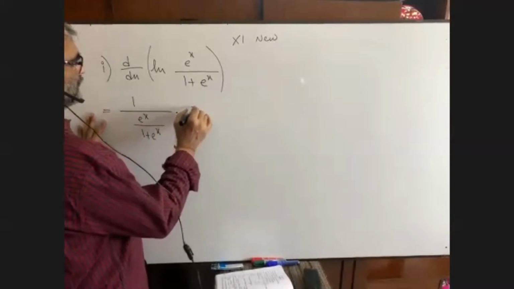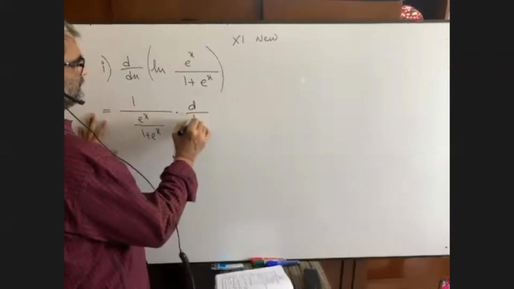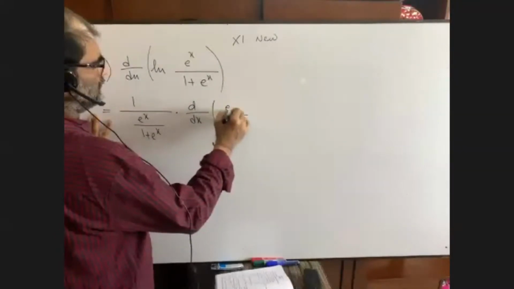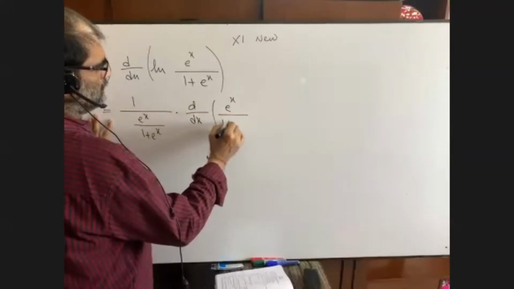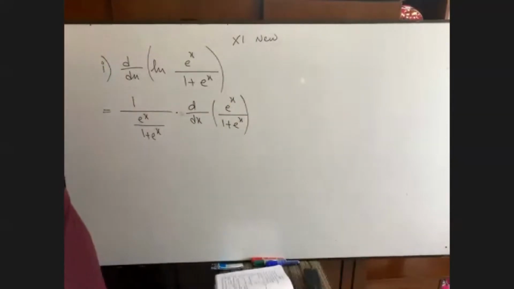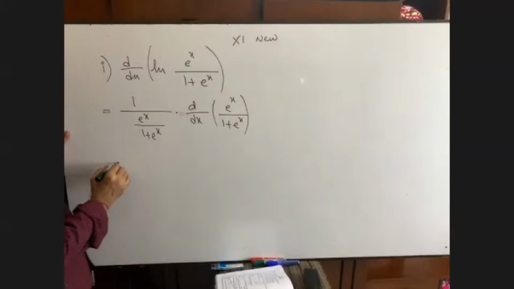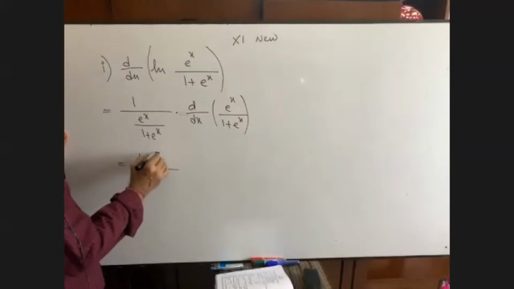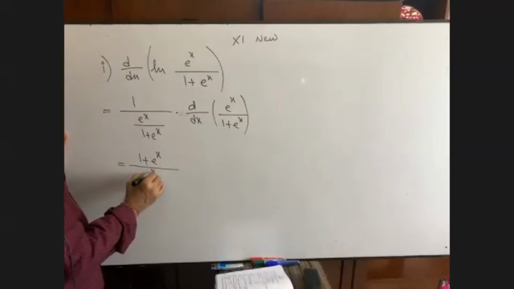d by dx x. This can be written as 1 plus e to the power x by e to the power x.